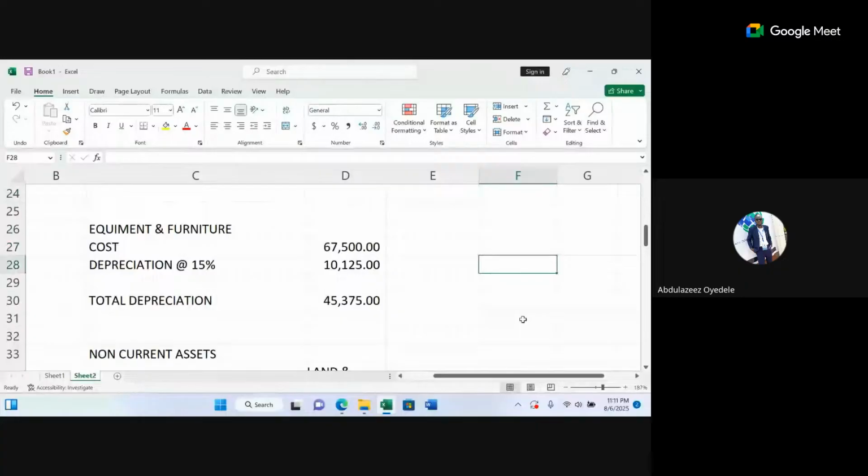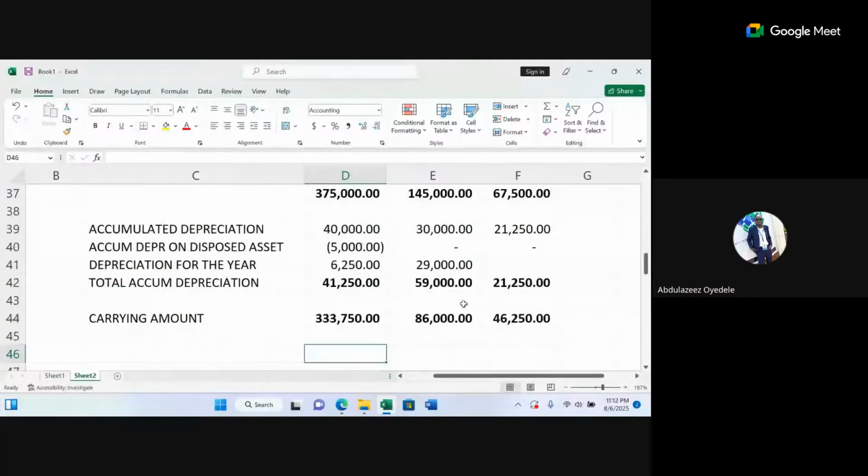And then depreciation for the year that we calculated for equipment and furniture is what? 10,125. So if you bring that 10,125, the total accumulated depreciation on equipment and furniture will be 31,375.